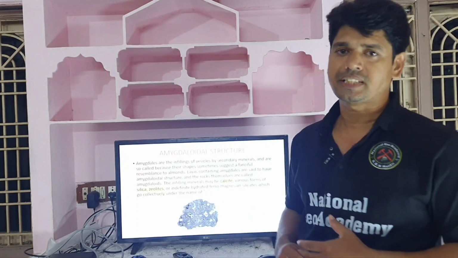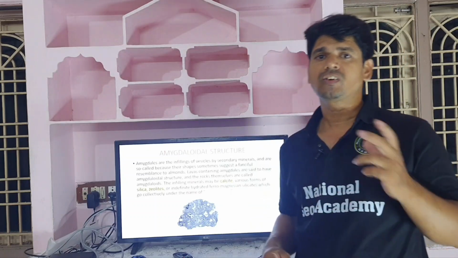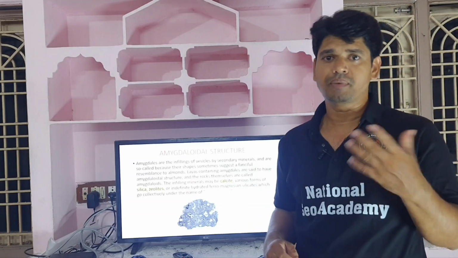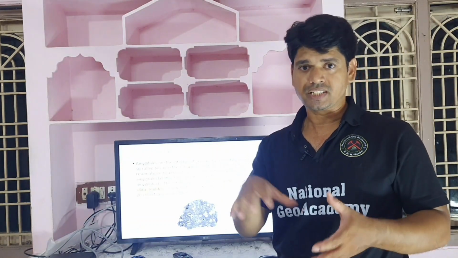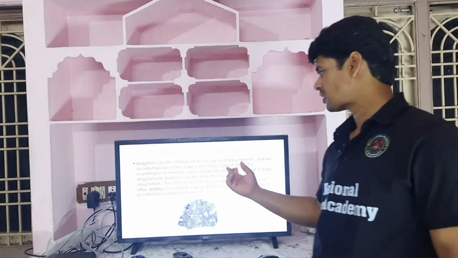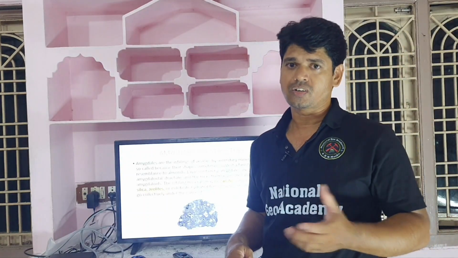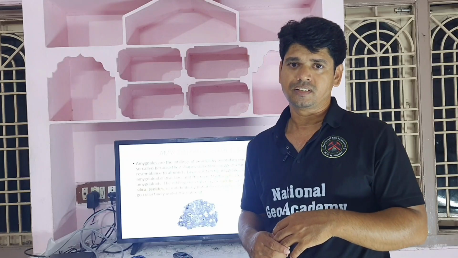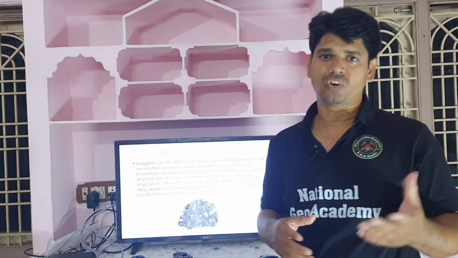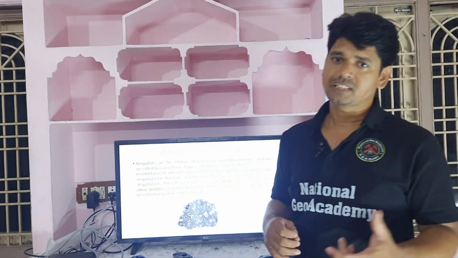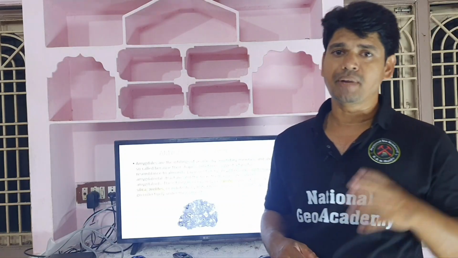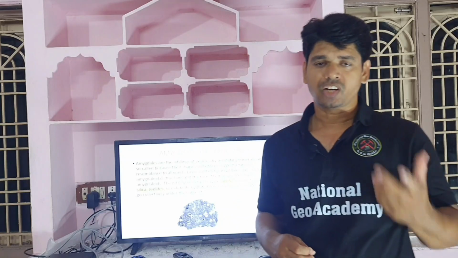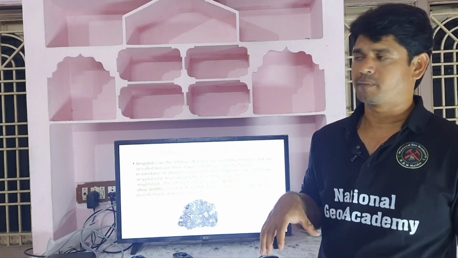Then amygdaloidal structure. Once vesicles are formed, secondary minerals like calcite and zeolite occupy those pore spaces. Such filled vesicles we call amygdales. If any rock contains amygdales, we call it an amygdaloidal structure.